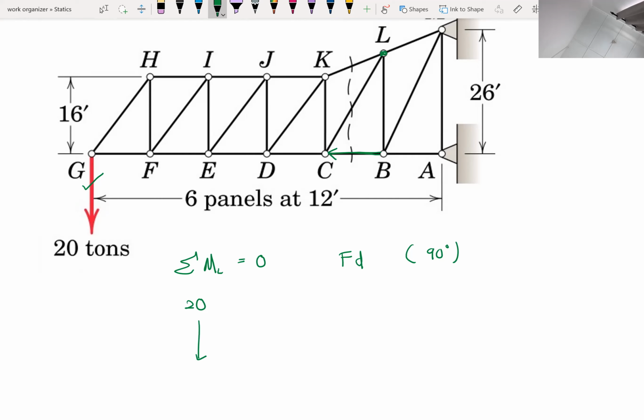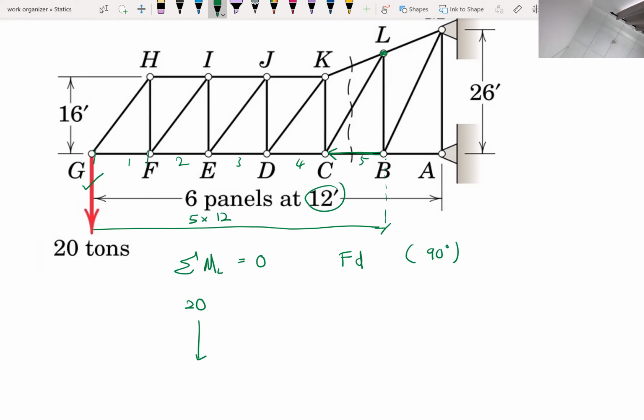So L, the distance is until here, which means 1, 2, 3, 4, 5. The distance is 5 multiplied by 12, since each panel's distance is 12.